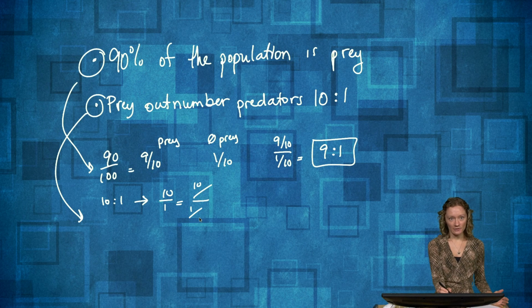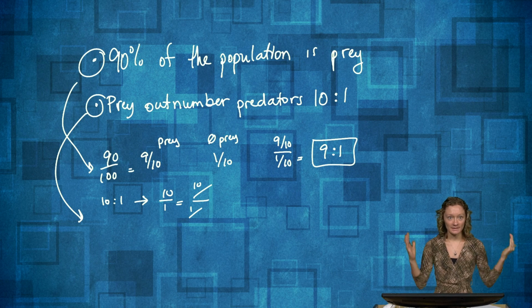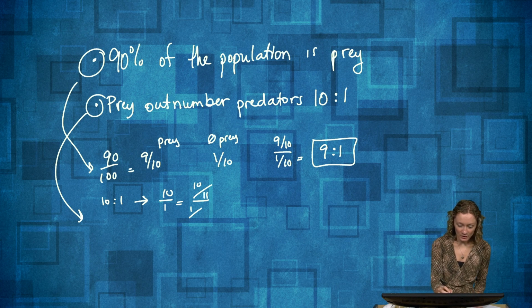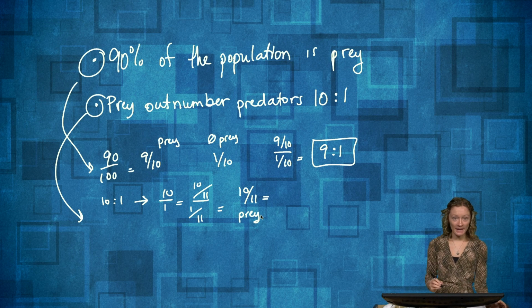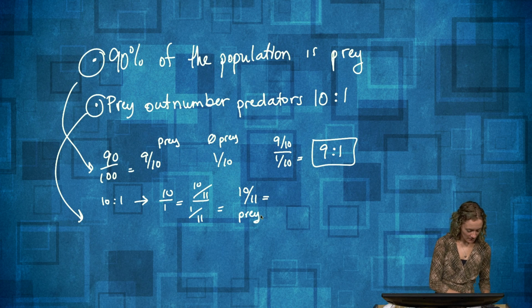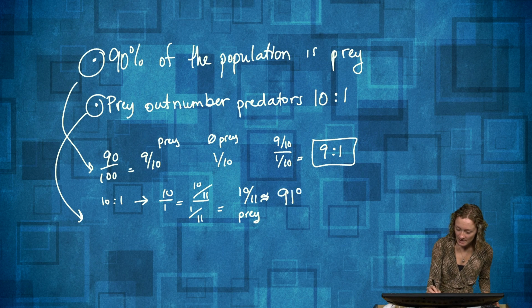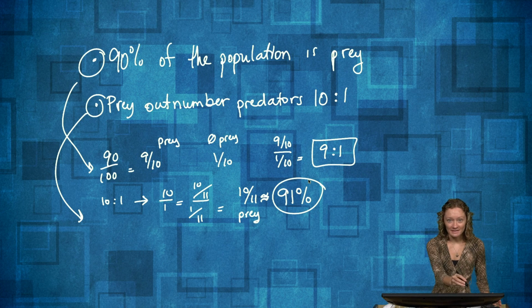What's the denominator in these fractions? If it's 10 to 1, 10 are prey, 1 is predator. That's a cycle of 11. So it's saying 10 out of 11 are prey, which as a percentage, you can type in the calculator, 10 divided by 11, gives us approximately 91%. Not the same as 90%.